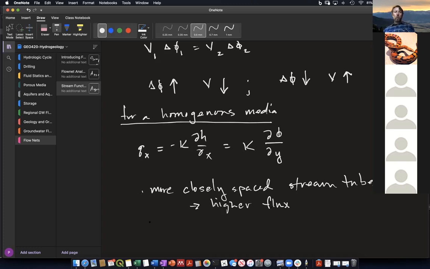And the opposite holds. The farther apart my stream tubes are spaced, the lower the flux. So more closely spaced stream tubes means higher flux and higher head gradient.